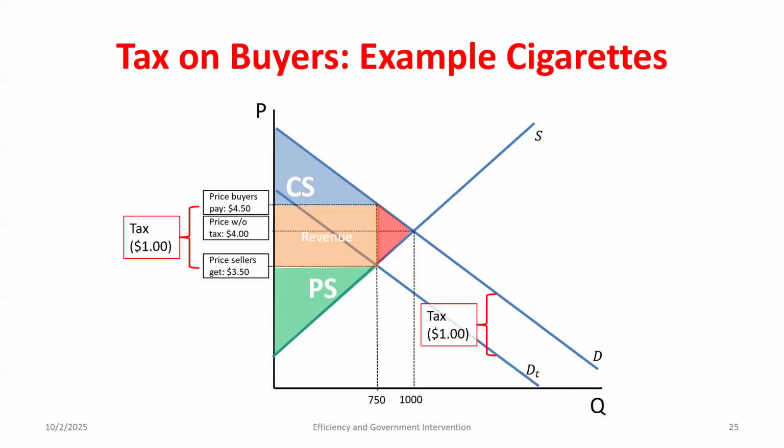So it's a little bit harder, I think, to think about that when the consumer pays the tax, because the new price we see in the market won't be the price the consumer pays. That's the price the seller keeps. Maybe a good way to think about taxes on consumers is the most obvious, which is a sales tax. You go into a store, something is $5. You don't just pay $5 as a consumer, you pay $5 plus sales tax.